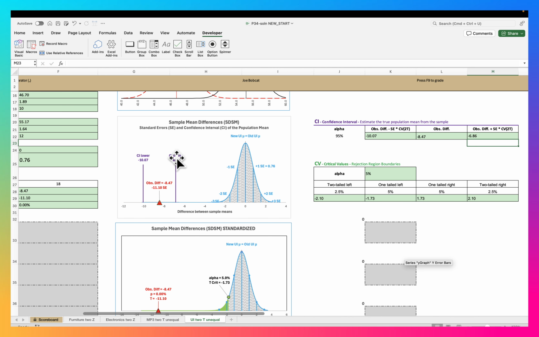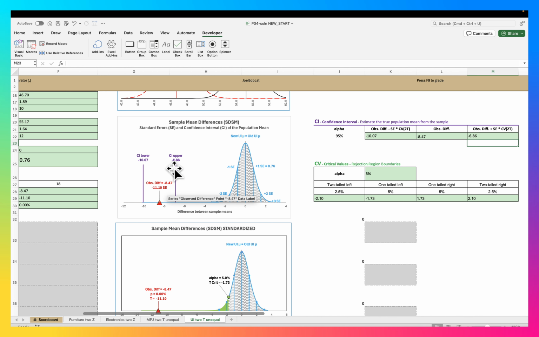All right, so here's our confidence interval. It obviously does not include the hypothesized difference of 0. And so to put this in English, what we're saying is, look, there is a difference between the two. We think that the difference is negative 8.47. In other words, we're shaving 8.47 seconds off.